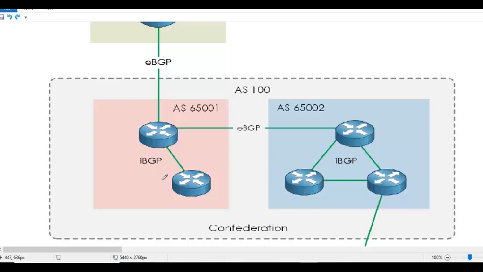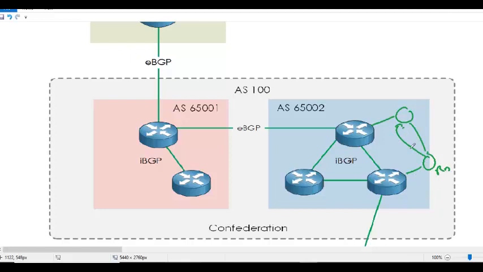But you need to put another route reflector. You see, if you have more routers, making RR will reflect the route up to here only.